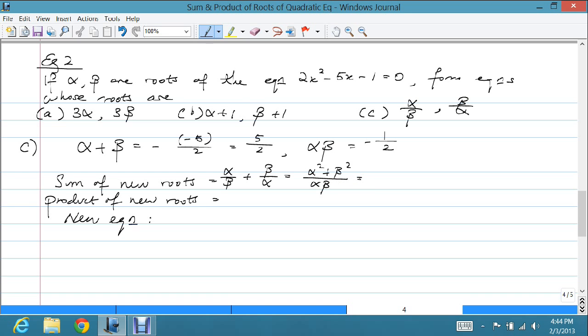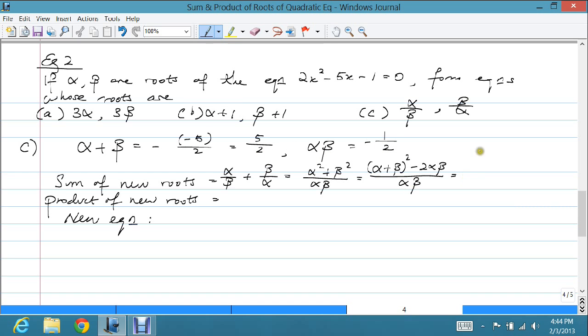Just like in the earlier example, to get the numerator, I write it as alpha plus beta squared minus 2 alpha beta, over alpha beta. So I just substitute what I know from the earlier line into this expression.